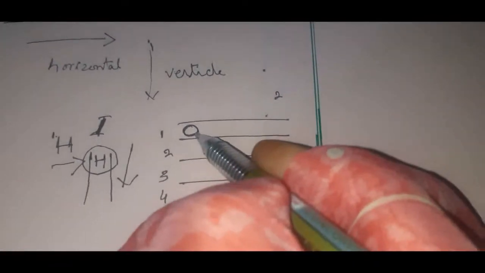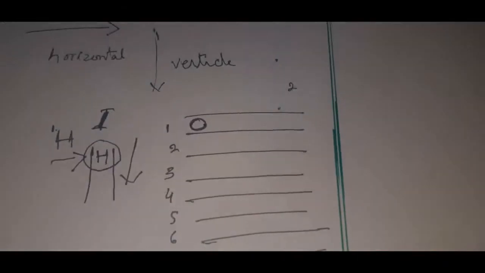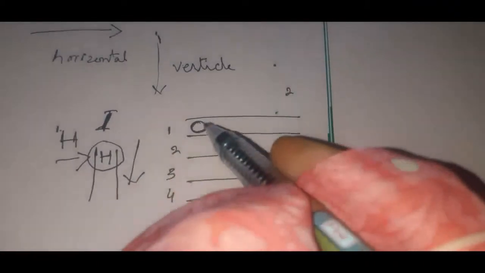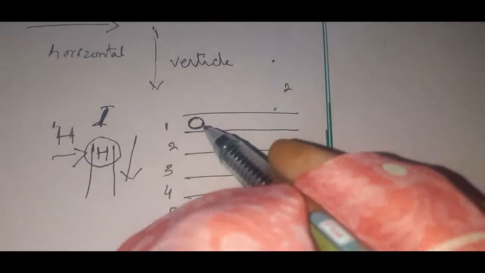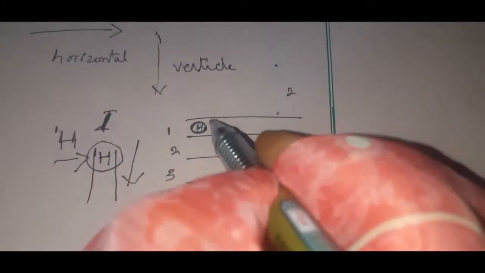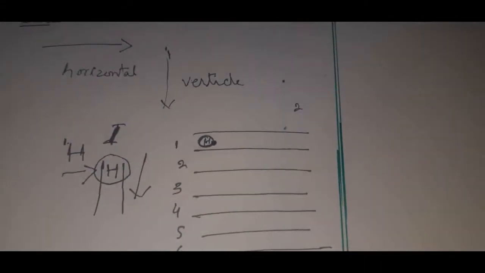The maximum is 2. So the first period has space for 2 electrons only. The first element of the periodic table being hydrogen, its atomic number is 1. This means that it has how many electrons? Only 1 electron. So it is easily occupied here.